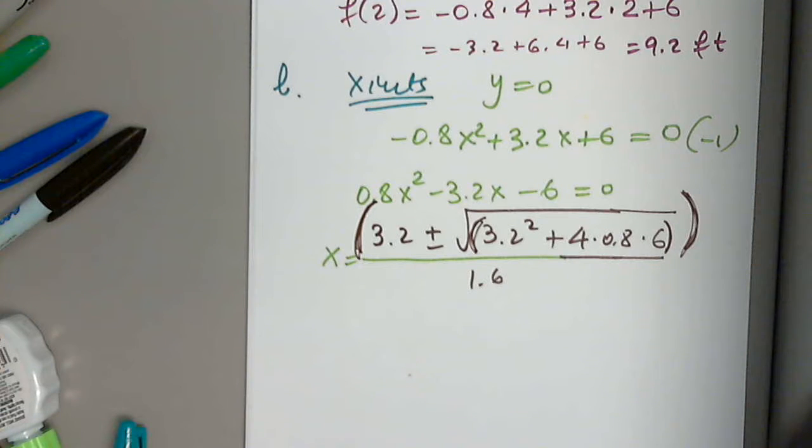I multiplied 6 times 4 times 0.8. Close the parenthesis, go outside of the square root, close the other parenthesis, and divide by 1.6. Any questions, ladies? Yes. Danielle, go ahead. You're just plugging into the quadratic equation, right? In the quadratic formula, yes. Yes, yes. Then I expect the other solution to be negative. Let's see.